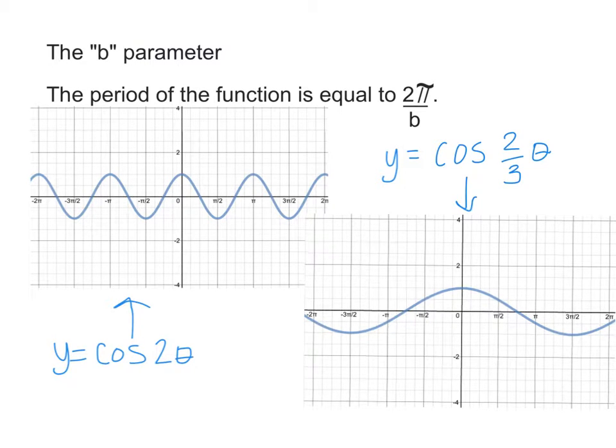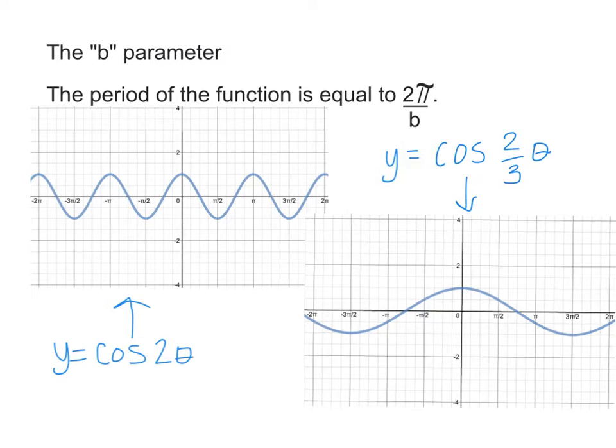And for just y equals cosine x, since we're looking at cosine, but same for y equals sine x, that's equal to 2 pi. But for this one, cosine 2 theta, if we look at the graph here, going from there to the next maximum, it's only pi. So the period of that is pi.